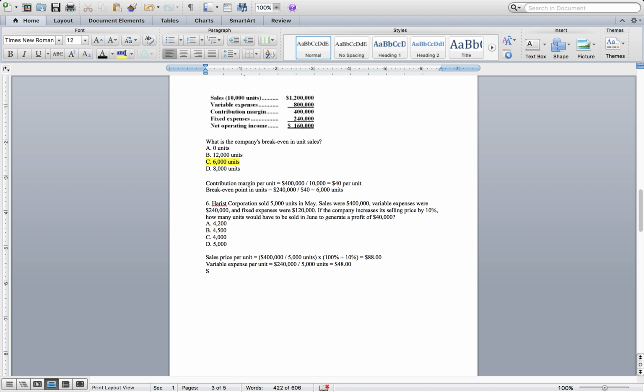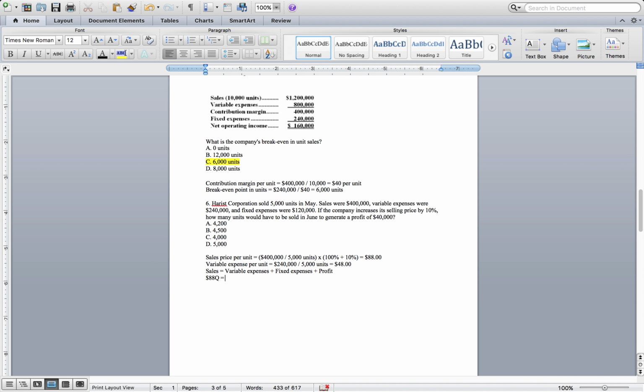Remember, the next part of your equation will be sales equals variable expenses plus fixed expenses plus profit. We know sales is going to be $88 times quantity, 88Q.